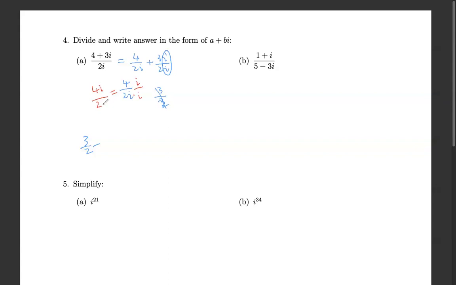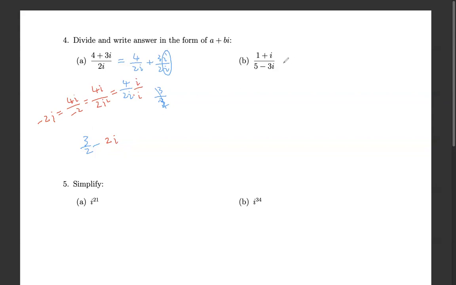The denominator is 2 times i, 2i squared, and i squared is -1, so we get -2 in the denominator. 4 divided by -2 is -2, so we get -2i. So the result for A: the real part is 3/2, the imaginary part is -2i.